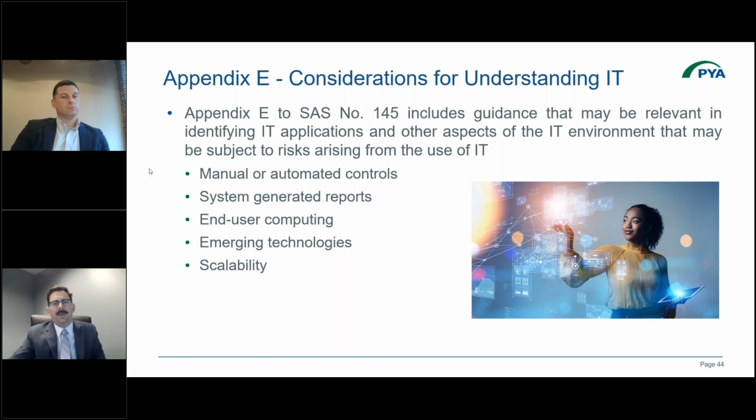Scalability is addressed in Appendix E. Matt gave us a great example, but just wanted to touch on a couple more ways scalability can be incorporated when considering IT controls. As always, the extent of the audit procedure is going to be driven by that complexity, just as they would for non-IT controls, but some indicators of complexity of an IT application or situations where the extent of the audit procedures would need to increase might be how well established and reliable is the software.